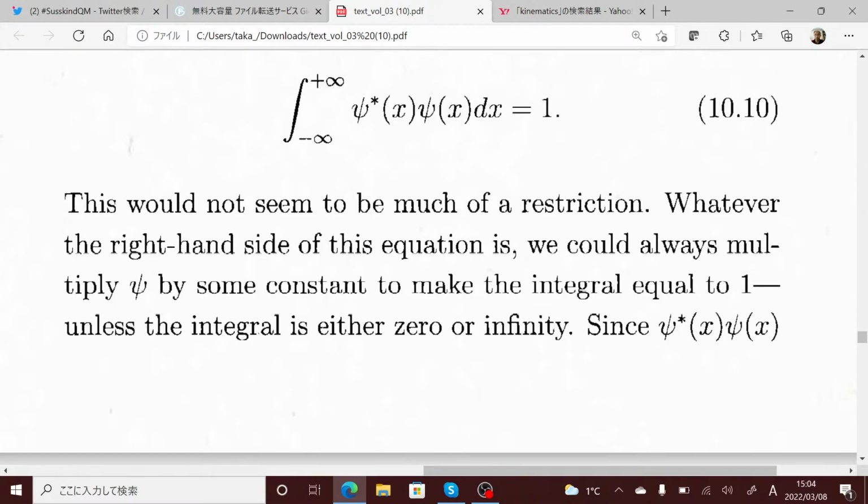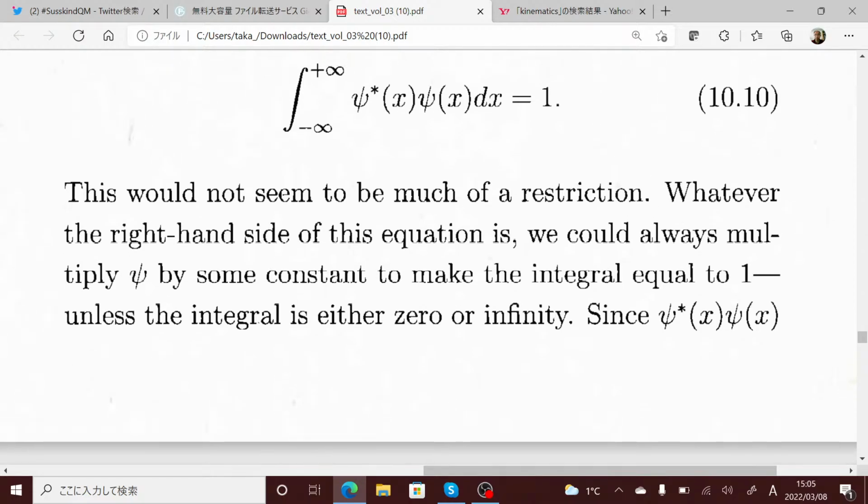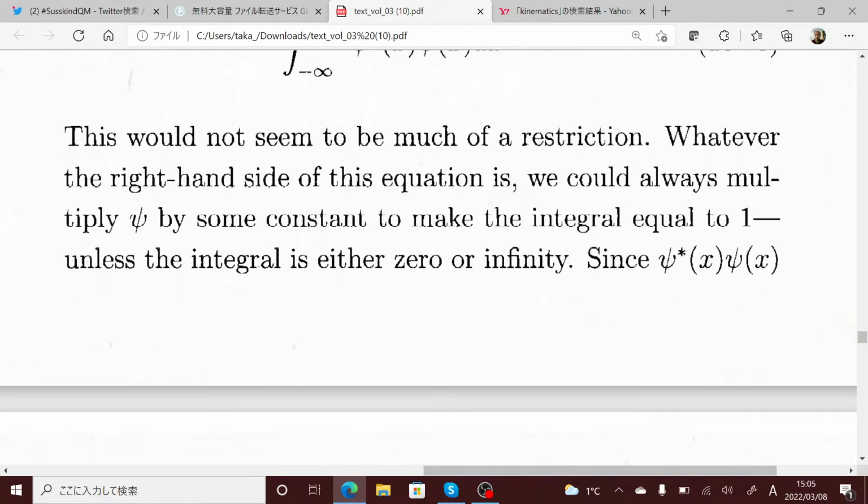This would not seem to be much of a restriction. Whatever the right-hand side of this equation is, we could always multiply psi by some constant to make the integral equal to 1, unless the integral is either 0 or infinity.